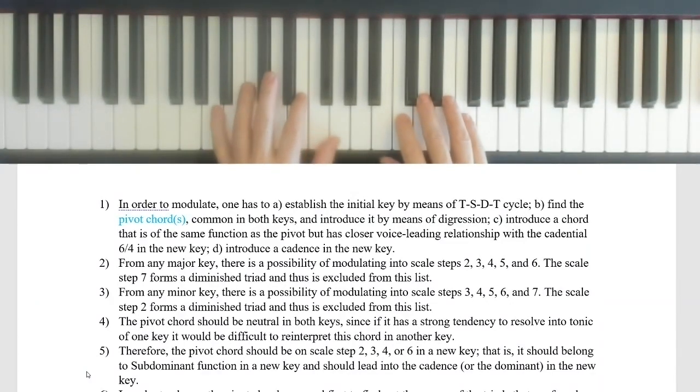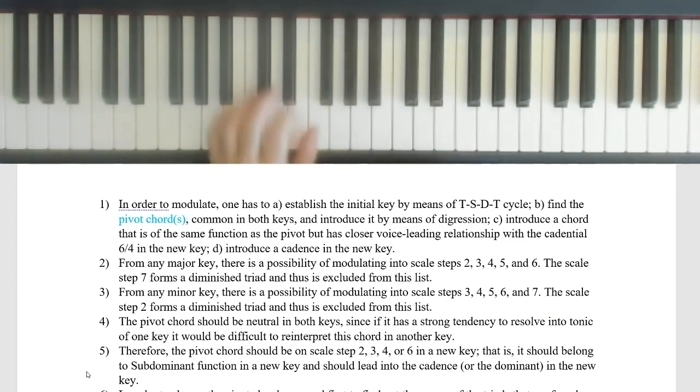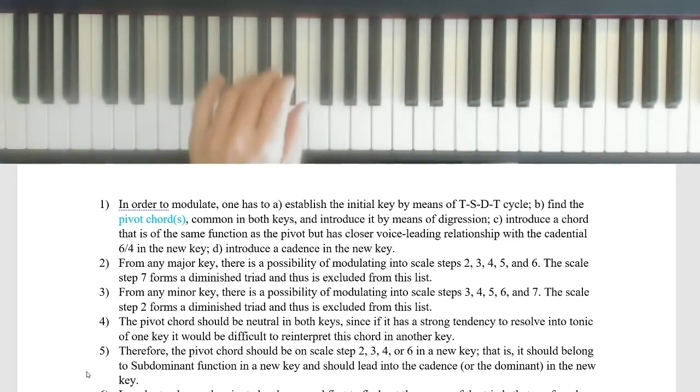So I suggest that you should use another chord, an intermediate chord, between the pivot chord and a cadence in a new key. So the pivot chord will be marked on my graph in blue, and that additional voice leading sonority, which sometimes can be very complex, is marked in green.